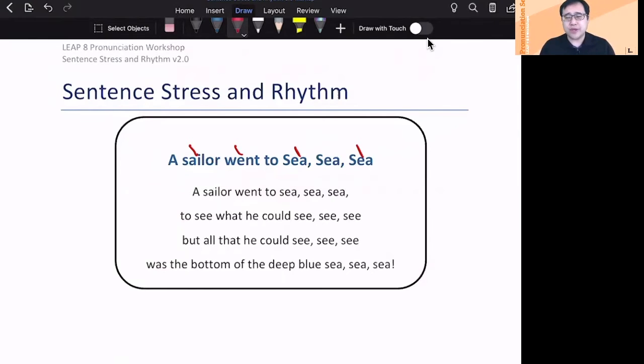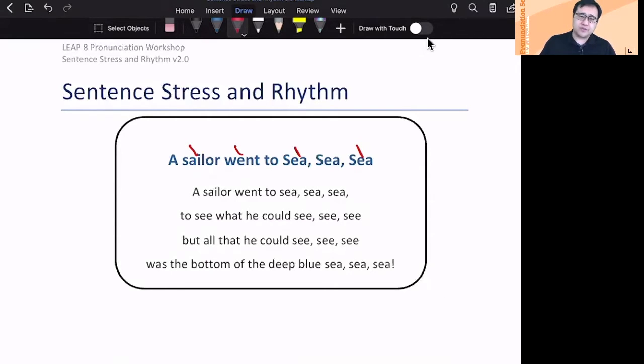Well, these words are what we call content words. These are the words that have the main ideas. The way we can test that is, what if I just read those words to you? For example, what if I said, sailor went sea could see, all could see, bottom deep blue sea. Could you understand what I'm saying? It's a little choppy, it's a little abrupt, but yeah, you get the main ideas.